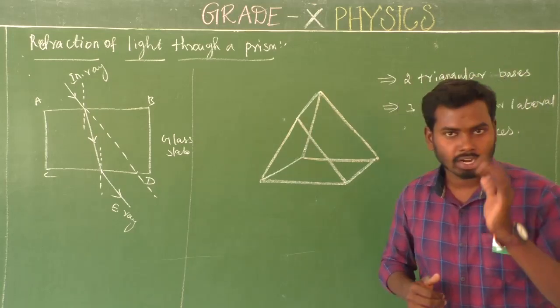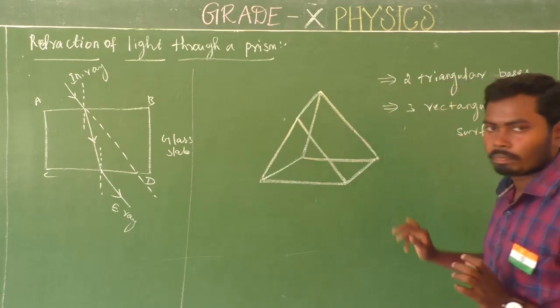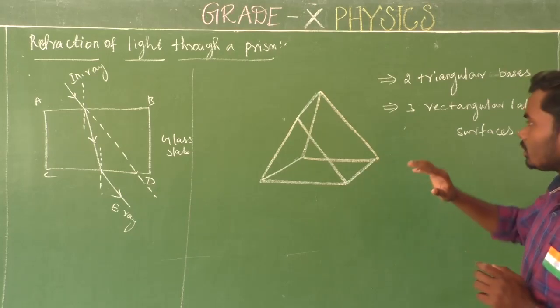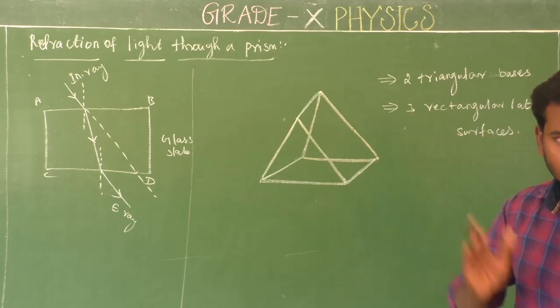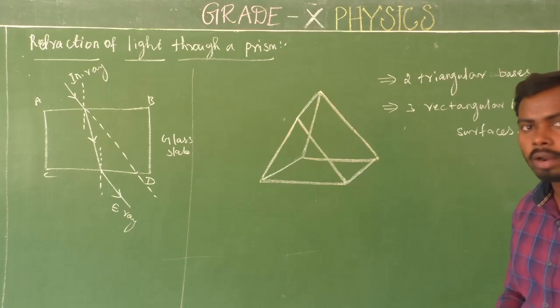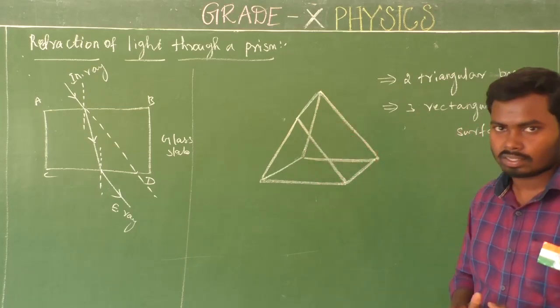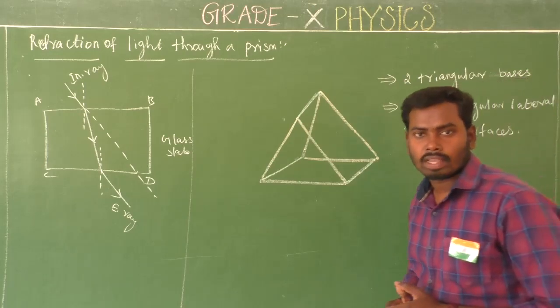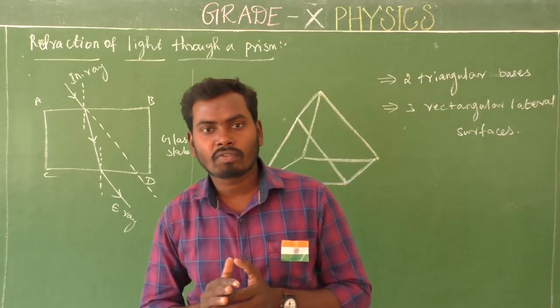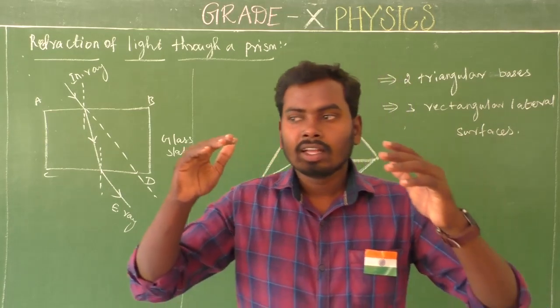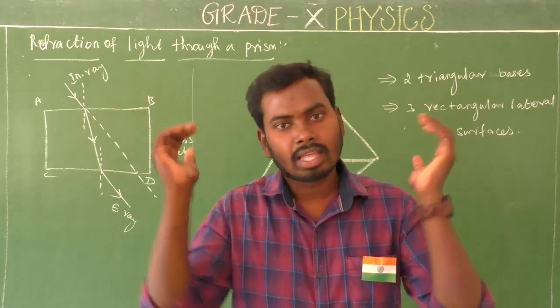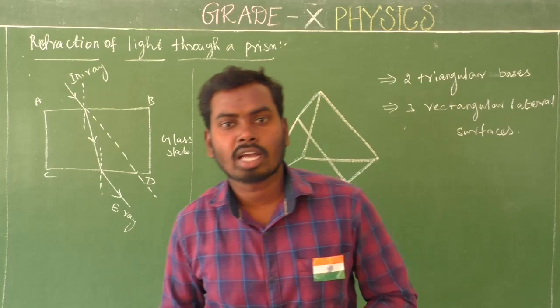Very easy one, don't get confused. So that's all about the prism. Prism is made up of glass, that is the reason it is called glass prism. It has two triangular bases and three rectangular lateral surfaces, which are not parallel to each other. There is some angle between them. Keep this concept in your mind.